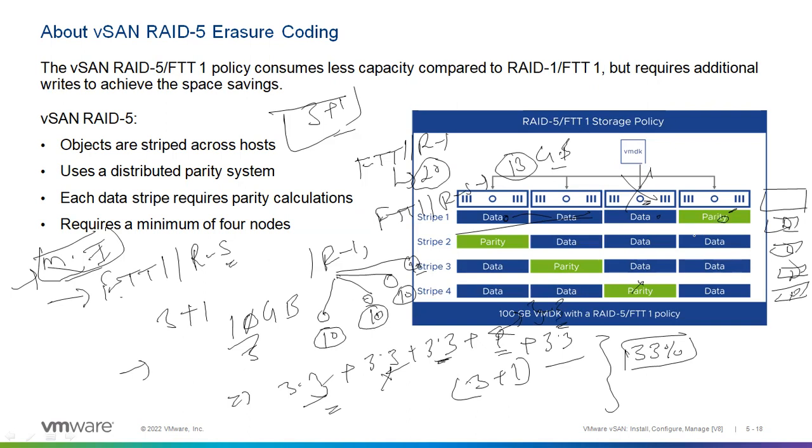So while you are writing the data in erasure coding, maybe you will not get the equal level of performance that you get in RAID 1. From a storage optimization perspective, FTT1 RAID 5 is better than FTT1 RAID 1. But from a performance perspective, FTT1 RAID 1 is better than FTT1 RAID 5.